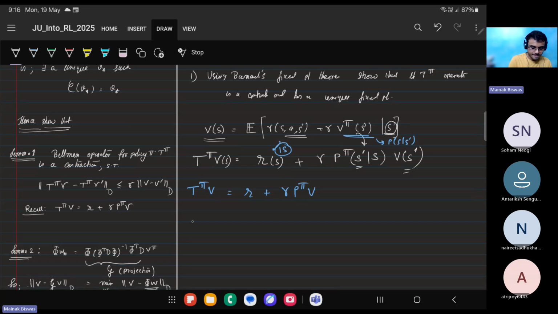Any idea? So all I'll do is take two starting points, v and v dash. Now what will the operator do? T pi v minus T pi v dash. This is what we have to compute, yes or no?